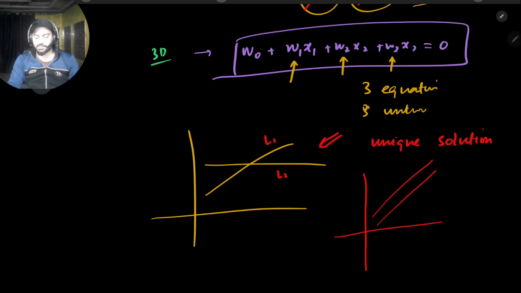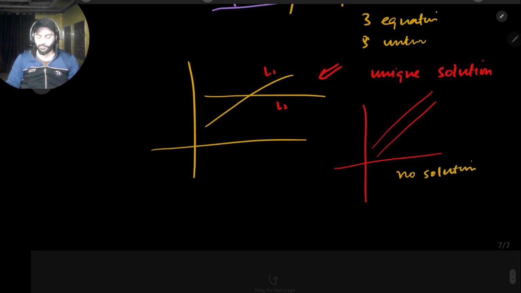In this case there will be no solution because these two lines do not meet at any place. Then there can be two lines which are on top of each other like this. So we have one equation like this and the other on top of that. So here we have infinitely many solutions.